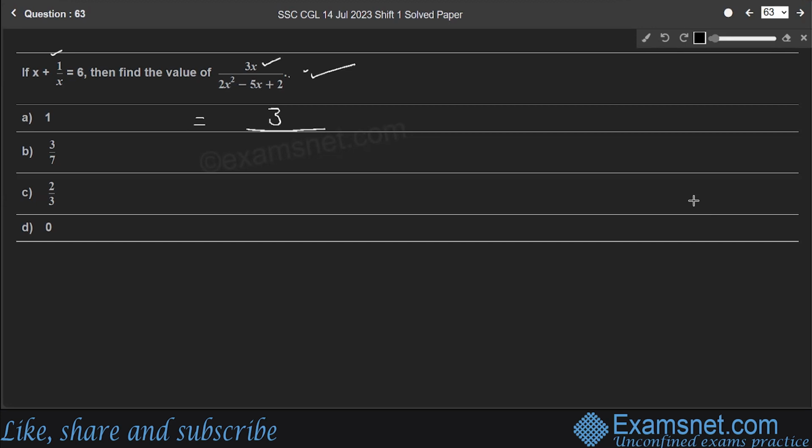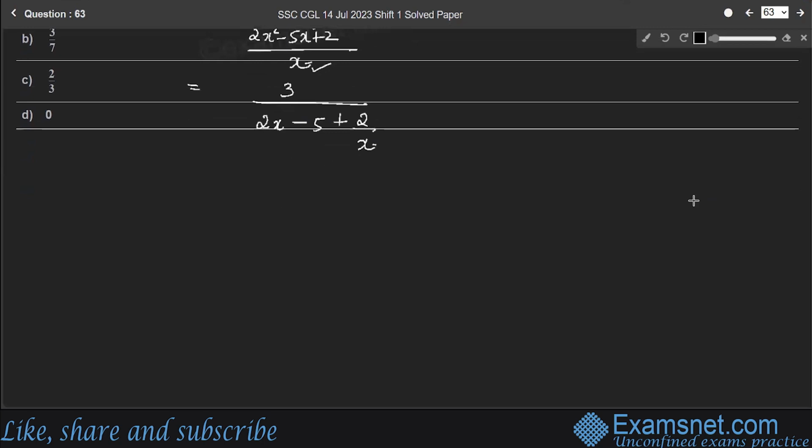So the denominator becomes 2x square minus 5x plus 2 whole divided by x. Right? Therefore, 3 divided by, so we'll take x here. 2x square by x is 2x. Minus 5x by x is 5. Plus 2 by x. Right?